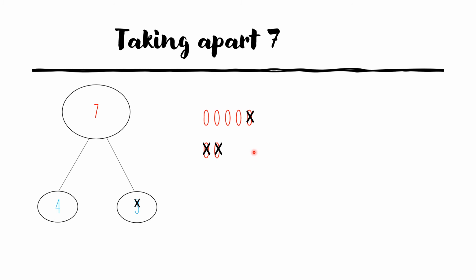Let's count to be sure. 1, 2, 3, 4. It does match, kindergarten. 7, take away 3, leaves 4 circles. Are you ready to write an equation? I bet you can do this.